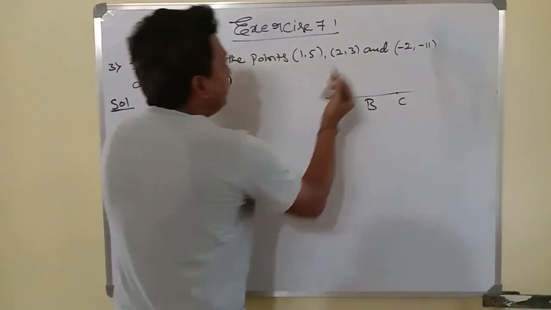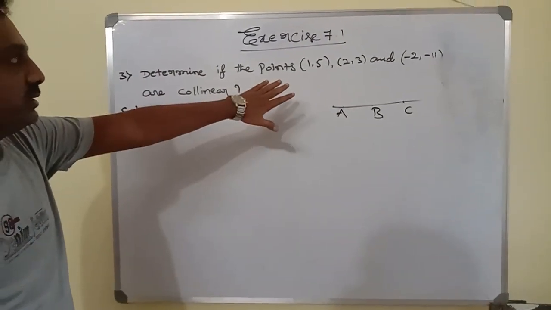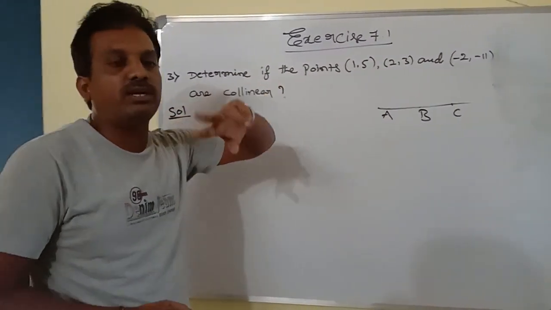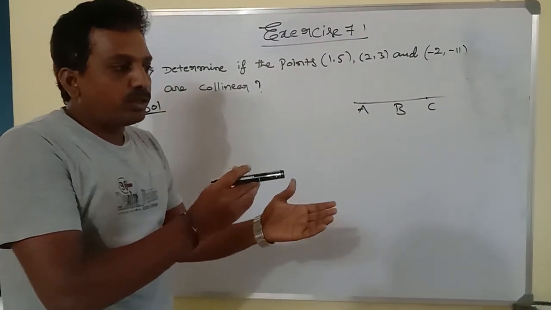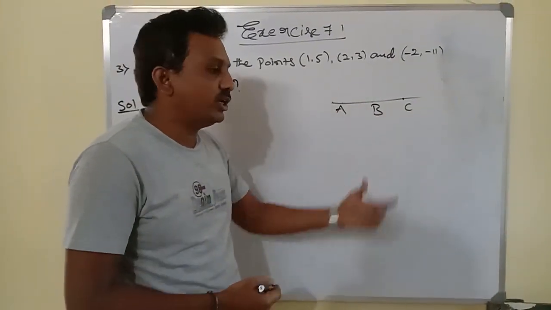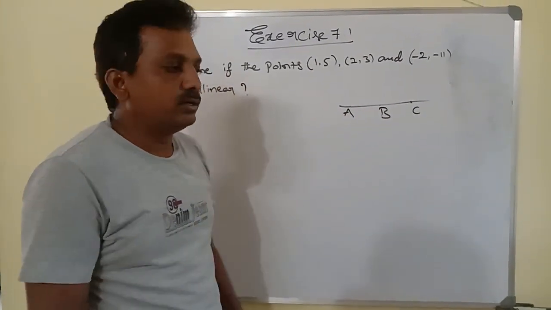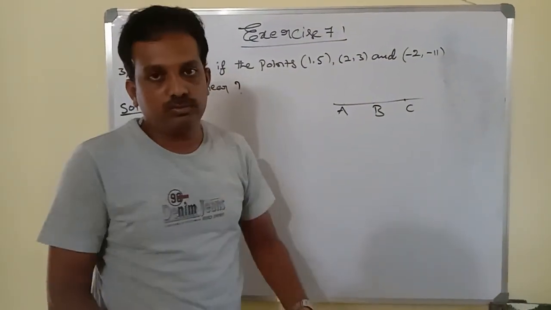So how do we calculate this, given the 3 points? There are 2 methods in coordinate geometry. One is the previous formula, where 3 points make a triangle, and we use the area formula to see whether they are collinear or not.